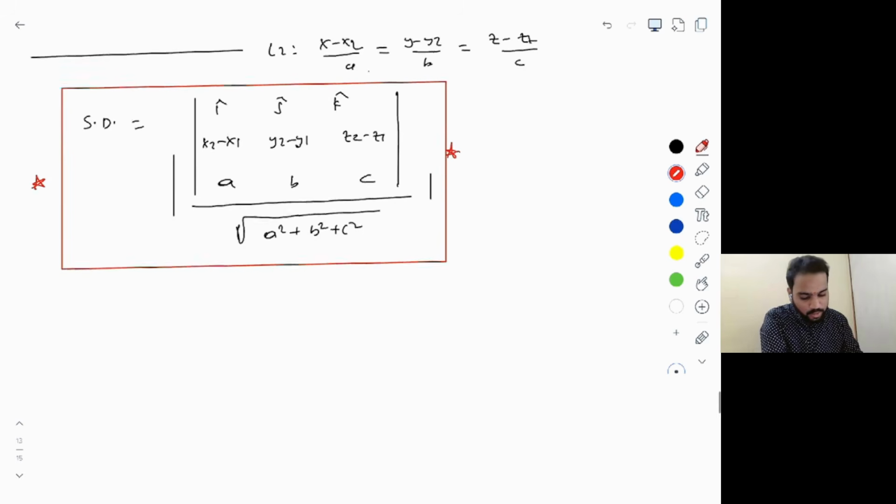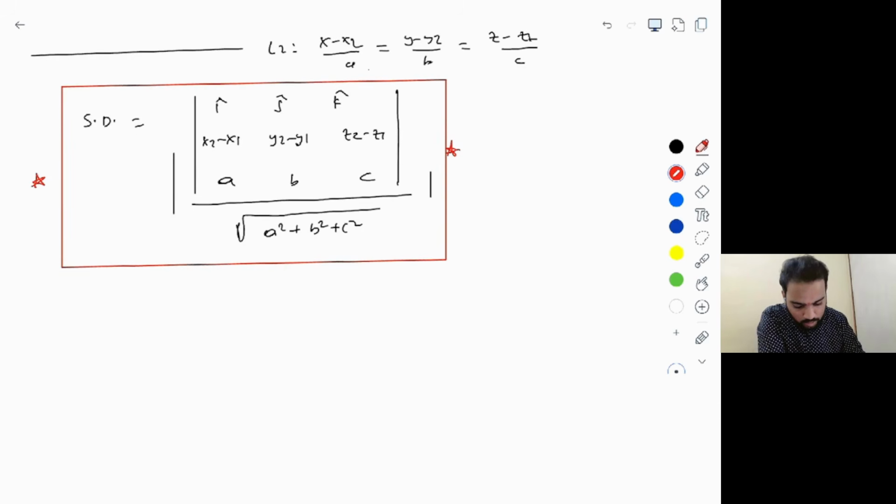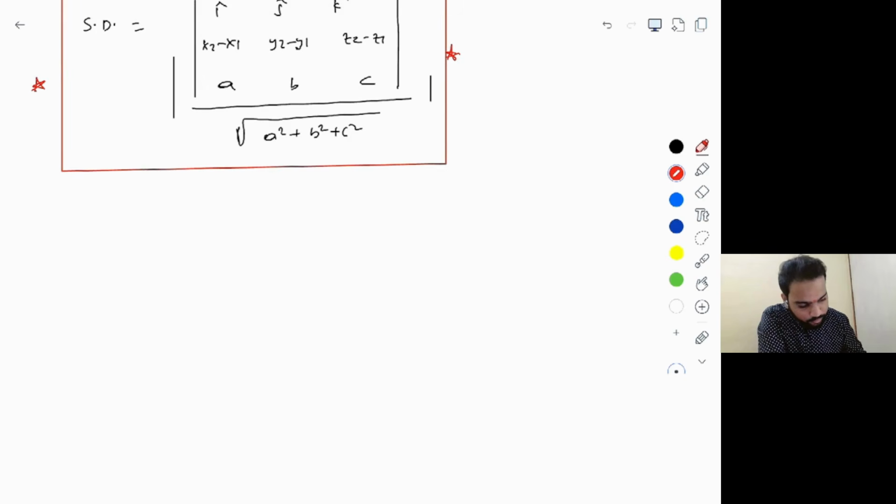So what are the two lines here? The two lines are given by (x minus lambda) divided by 2 is equal to (y minus 4) divided by 3 is equal to (z minus 3) divided by 4. And one more straight line is (x minus 2) divided by 4 is equal to (y minus 4) by 6 is equal to (z minus 7) divided by 8.